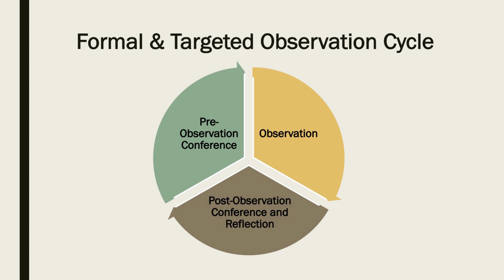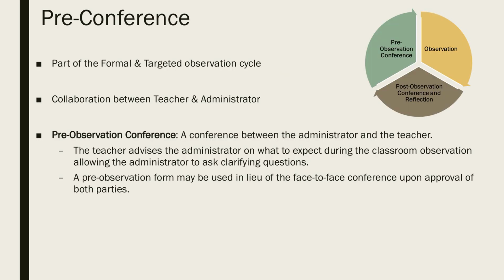The cycle consists of 1, a pre-observation conference, 2, an observation that is at least 30 minutes in length, and 3, a post-observation conference. A pre-conference is an opportunity for you to share with your administrator what they can expect to see during the formal or targeted observation, allowing the administrator to ask clarifying questions.